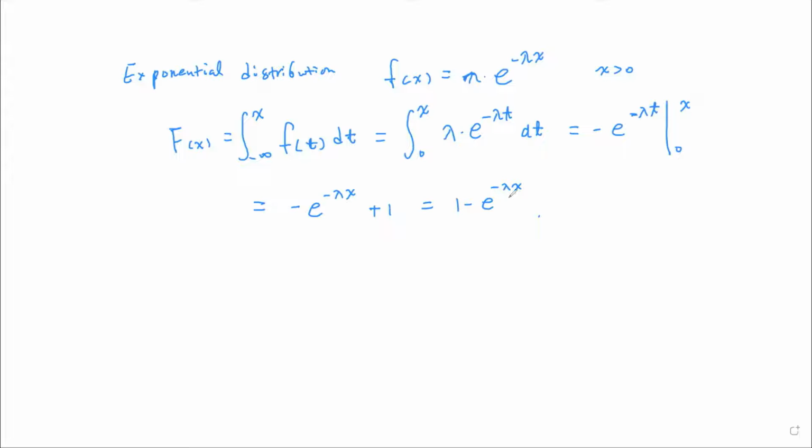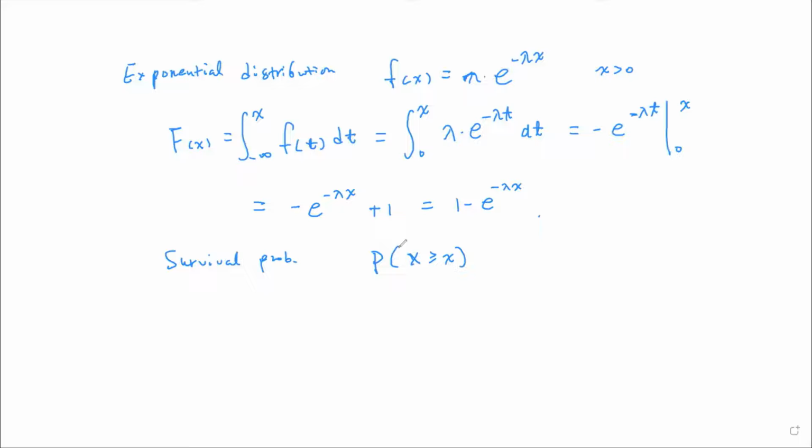Another important concept, more convenient than the CDF, is called survival probability, which is the probability that X is greater than or equal to little x. So it's the probability that some random variable X will survive beyond x.